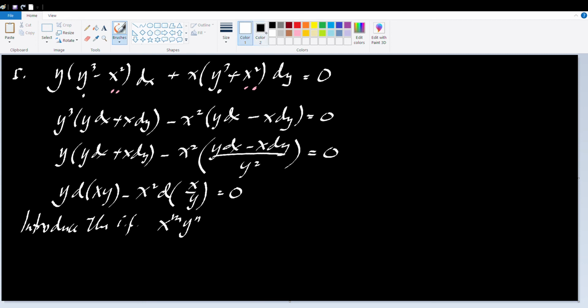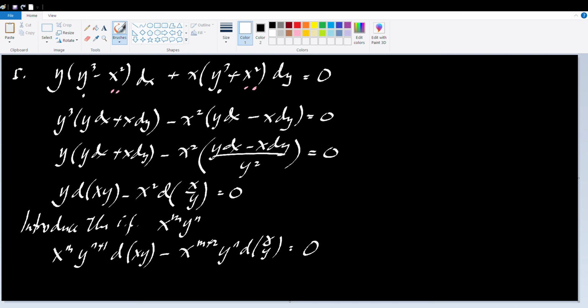So if we multiply everything by x to the m, y to the n, I'll be getting x to the m, y times y to the n is y to the n plus 1, then the differential of xy, minus x squared times x to the m becomes x to the m plus 2, and then y to the n, y raised to n times the differential of x over y equal to 0.